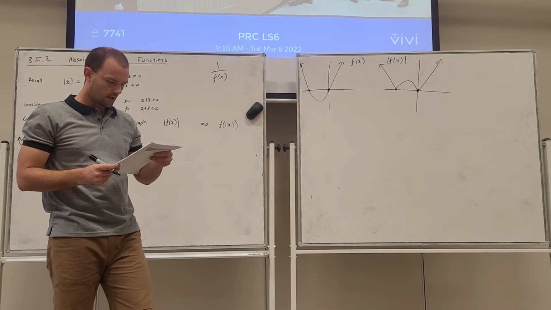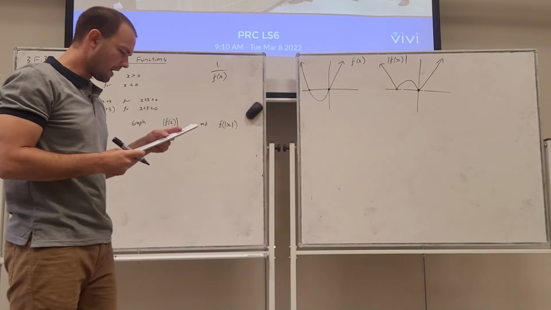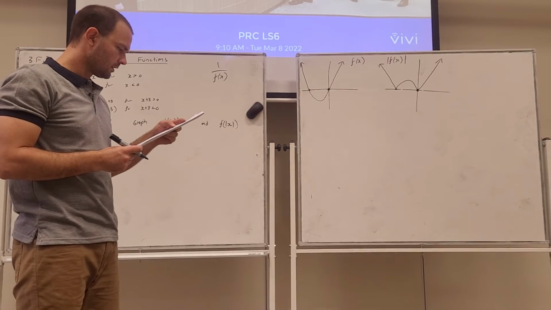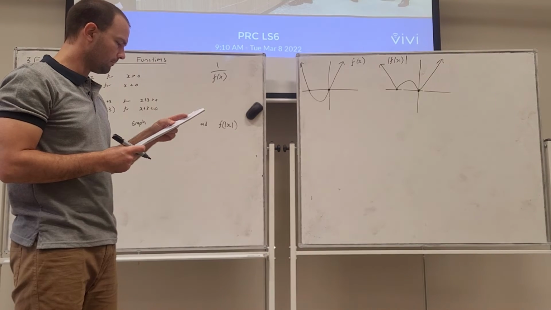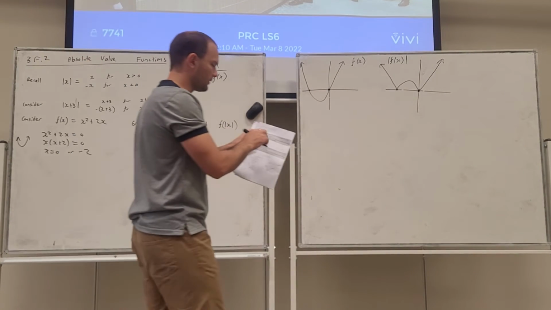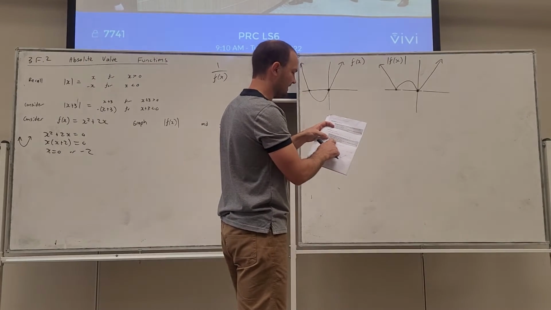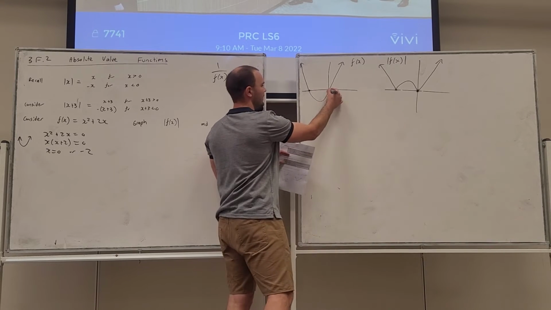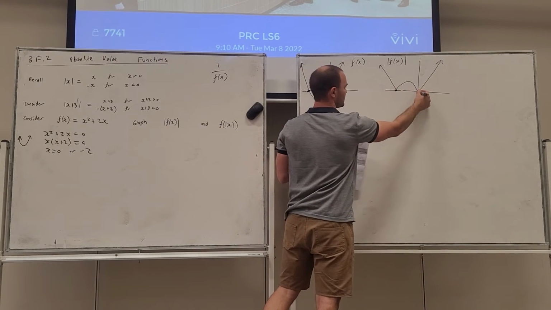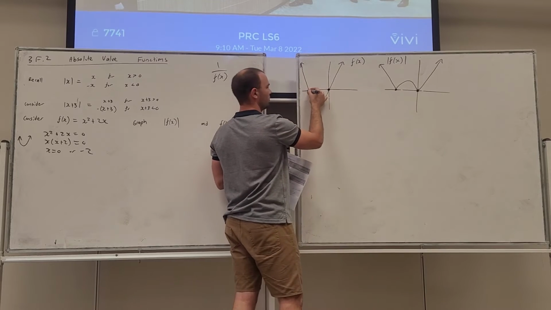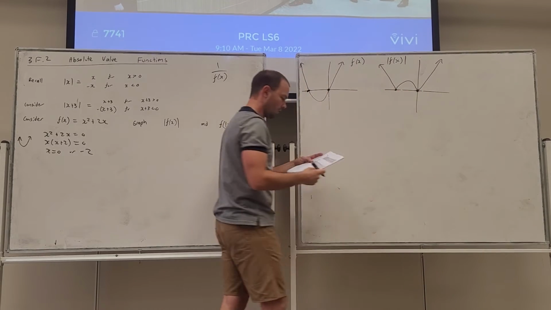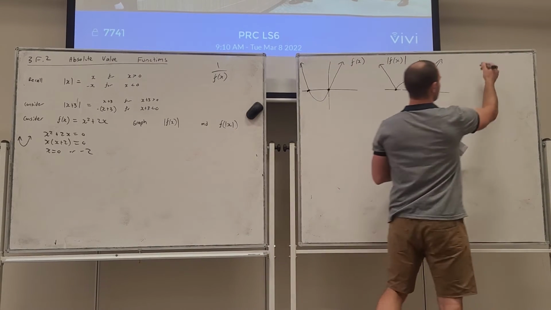All right, here we go for the graph of y equals f of the modulus of x. So, I'm sorry, I read the wrong one there. Points on the x-axis are invariant. So notice how these two points stay the same. Sorry, I read the wrong one. Those two points stay the same. All right, f of modulus of x.